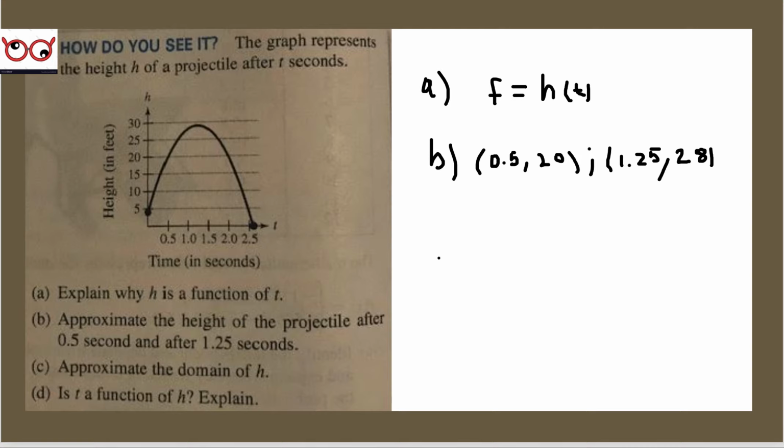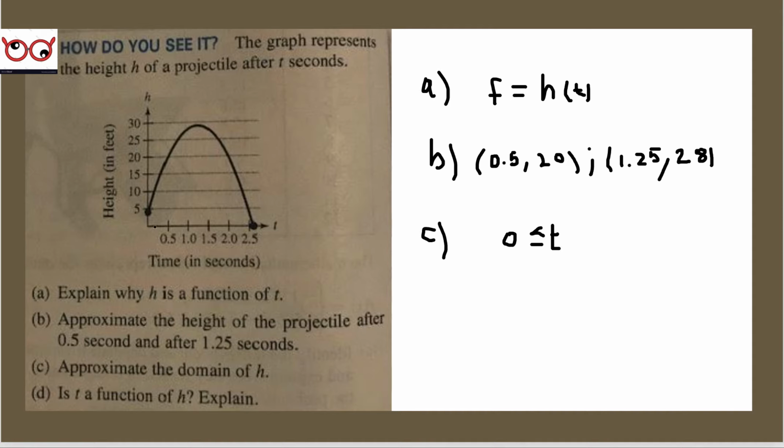And C says: approximate the domain of h. If I'm approximating the domain of h, I see here it is on the t-axis, and it is from 0. 0 includes this point, it is a closed point. So if this is closed, I think we can use the smaller-or-equal sign. Then looking at this point where it intersects the t-axis, 2.5 is right here, but the point is a little further than 2.5.